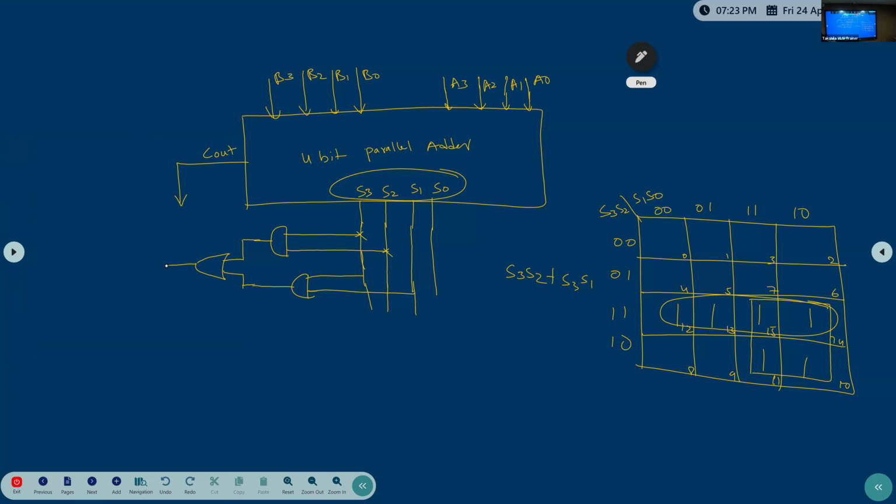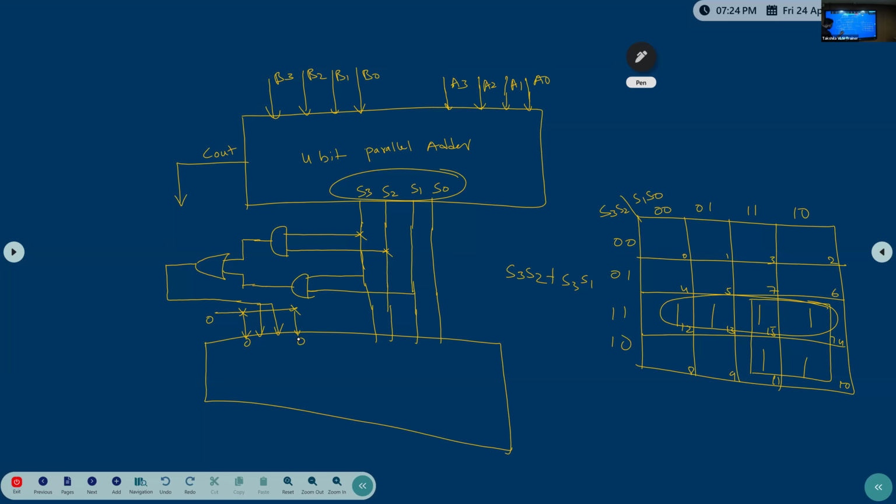Any doubts? No, right? Now again I will get one more 4-bit parallel adder. It goes like this. One more 4-bit parallel adder. Whatever will come, this is 0, meaning this bit is default 0, this bit is default 0.